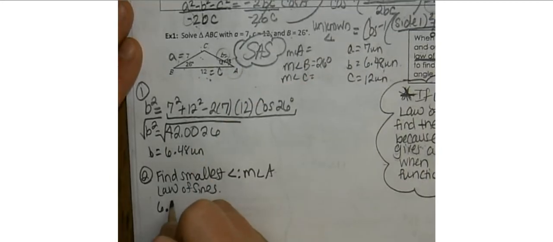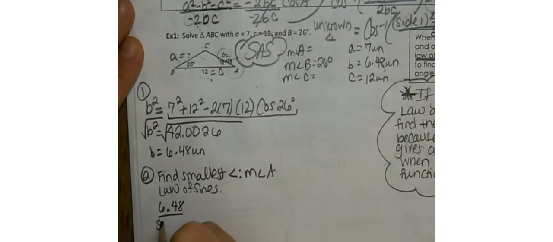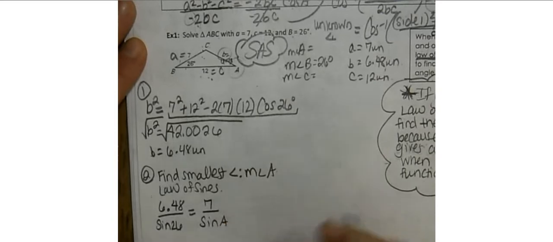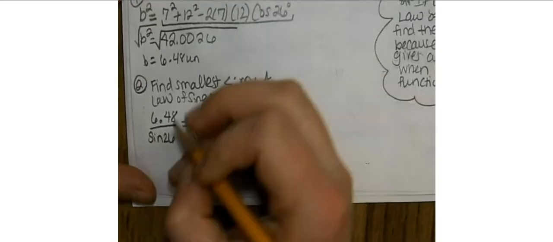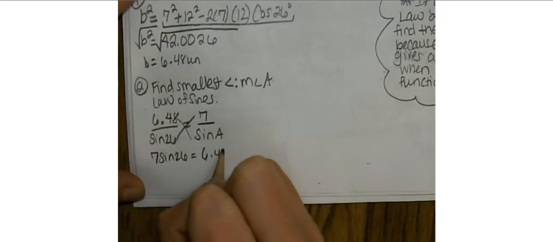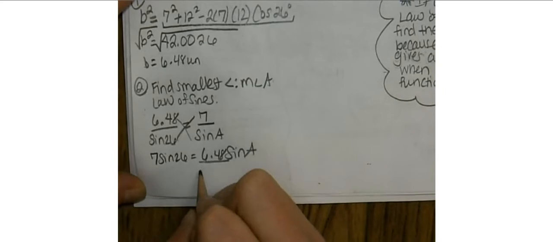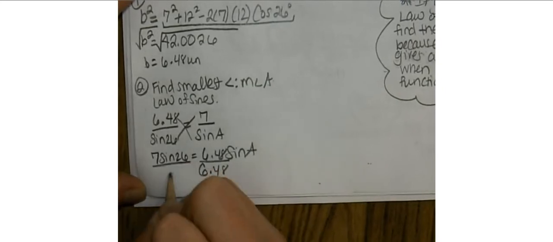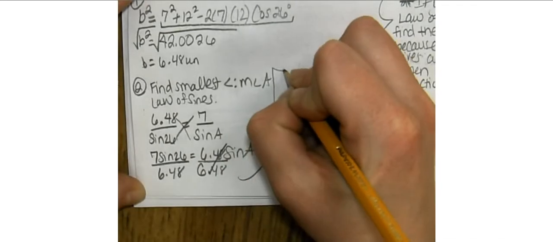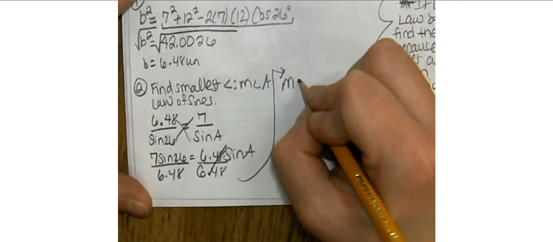So that's 6.48 divided by the sine of 26, and that's going to be equal to 7 divided by the sine of angle A. I'm going to use cross product, and I end up with 7 times the sine of 26 is equal to 6.48 times the sine of angle A. I'm going to divide both sides by 6.48, and now I'm going to take the sine inverse so that I can find the measure of angle A. So the measure of angle A is going to equal the sine inverse of 7 times the sine of 26 divided by 6.48.